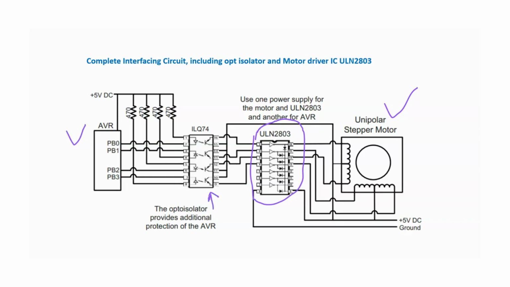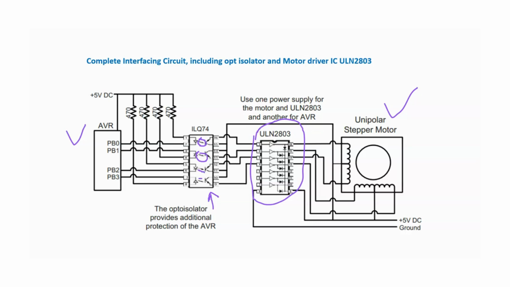One choice can be the ILQ74 model. The opto-isolator is a device which works on the principle of light, so the transistors here work on the basis of light. So why do we use this?